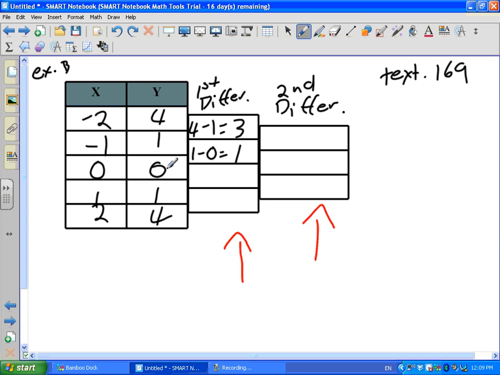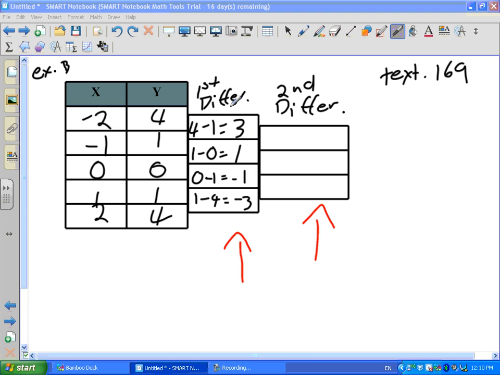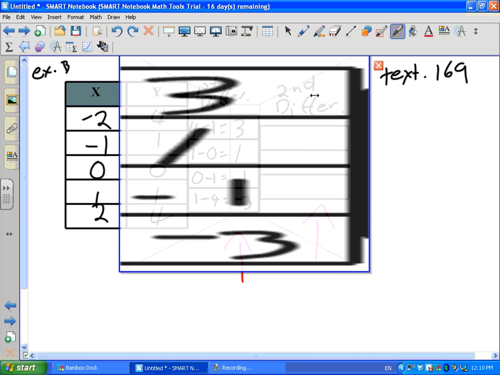Same idea. 0 subtract 1. What is the difference? -1. And 1 subtract 4. What does that give us? -3. Okay, are the first differences all the same? No. Our first differences are 3, 1, -1, and -3.